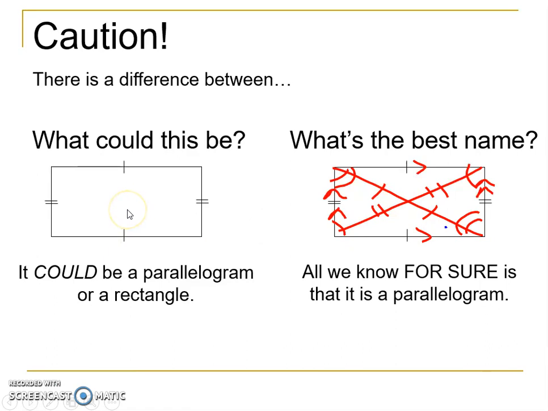This could be a parallelogram or rectangle, and we know for sure this is a parallelogram, but the best name for this will be a rectangle, because it has 90-degree angles. It could be a parallelogram, but the best name will be a rectangle.